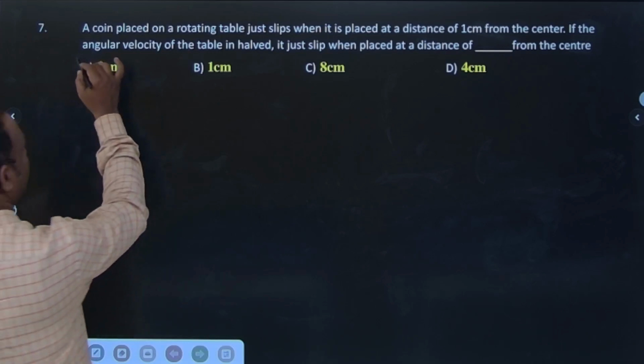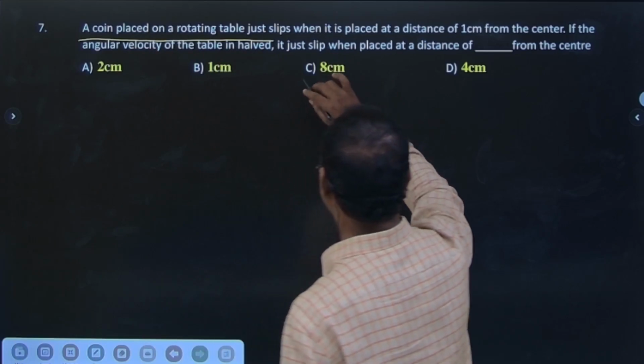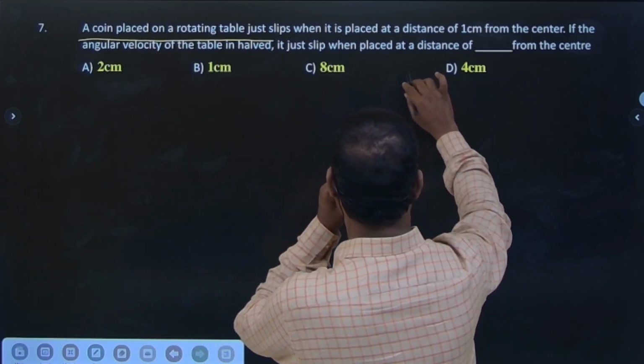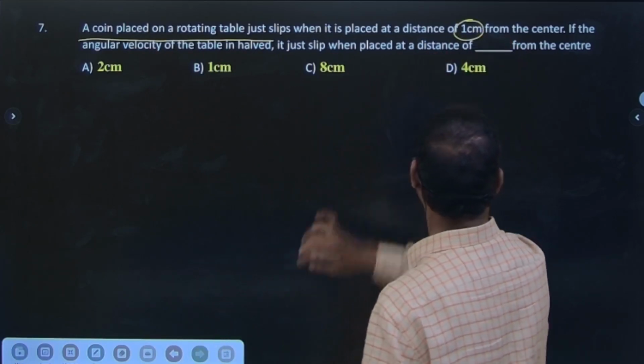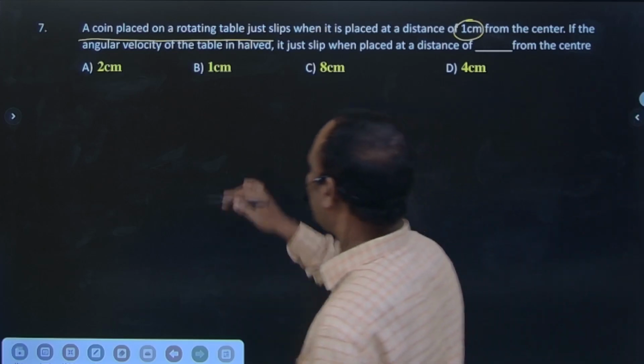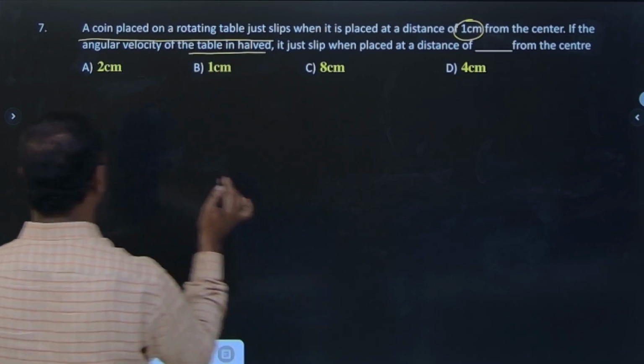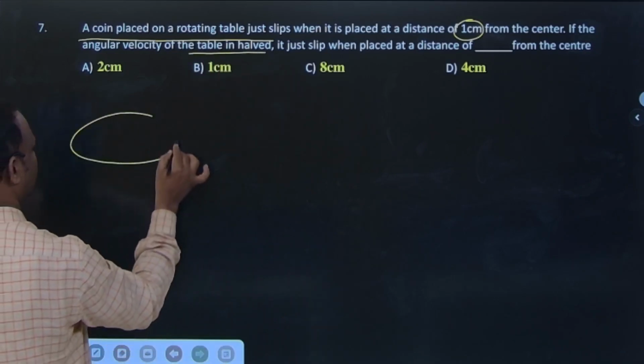A coin placed on a rotating table just slips when it is placed at a distance of 1 centimeter from the center. If the angular velocity of the table is halved, first let me take this as the table.